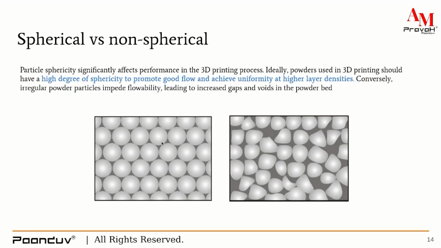So when you compare spherical particles versus non-spherical particles, there is a high degree of sphericity mismatch between them, and sphericity is needed to promote good flow and achieve uniformity in higher layer densities, and hence the absorptivity also takes a toll when these non-spherical particles are being used. Along with that, the rolling friction is very high. That's why the flowability is not achieved.